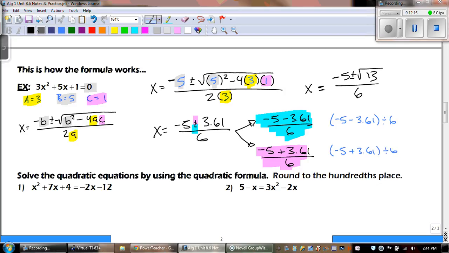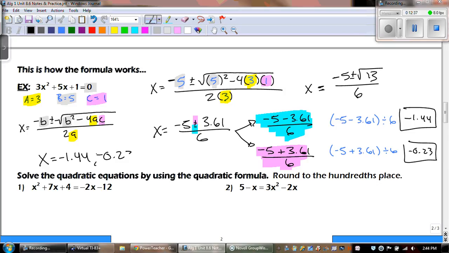And then we get our two answers of negative 1.44 and negative 0.23. Okay? So I'm just going to rewrite my answers in one section over here, negative 1.44 and negative 0.23.